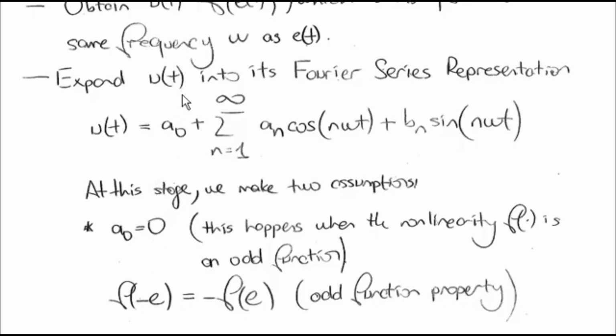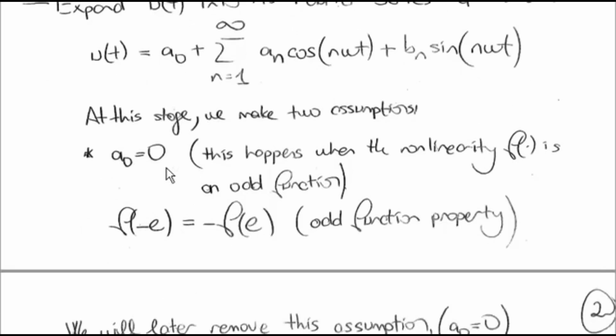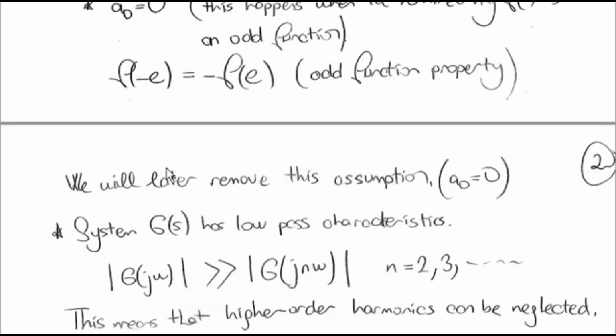So with this assumption, we get rid of this term here. Later, at the end of describing function analysis, we are going to try to remove this assumption. It is not necessary for describing function analysis, but for a simple exposition, I need this assumption first, and then I'm going to be able to remove it at the end.